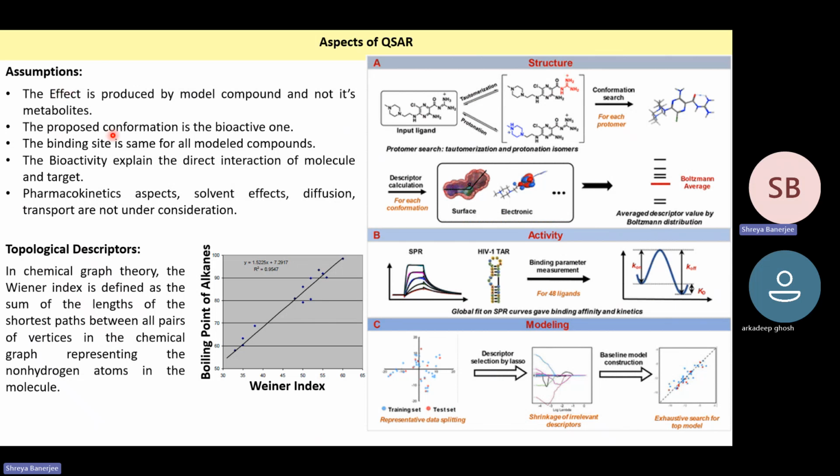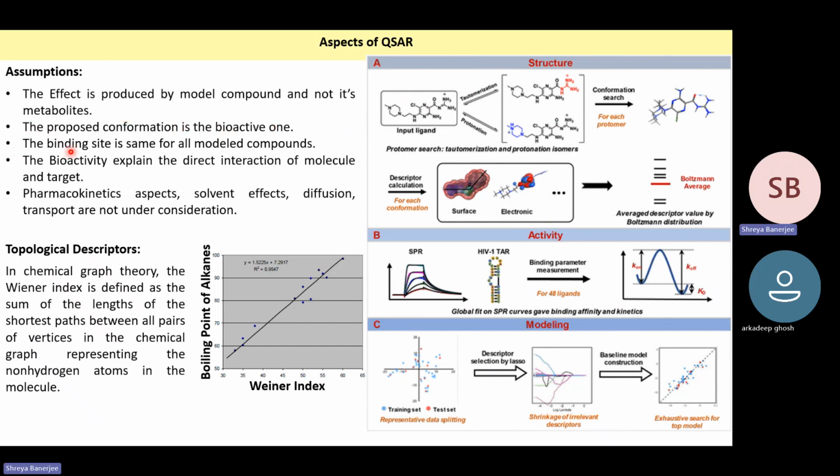Then the second assumption is that the proposed conformation is the bioactive one. In your lead compound, you can have different processes like protonation or tautomerization, and it can occupy different conformations. So one of the assumptions is that the initial molecule, which we considered as the lead, is in the bioactive conformation.